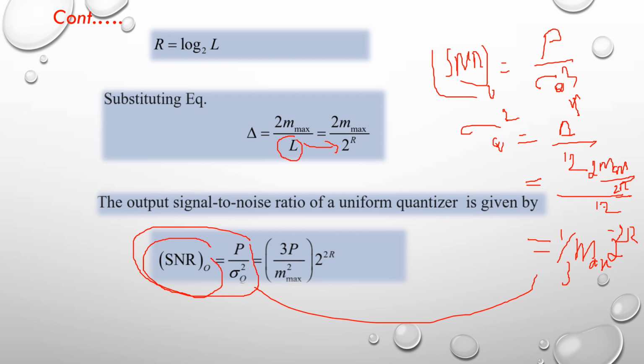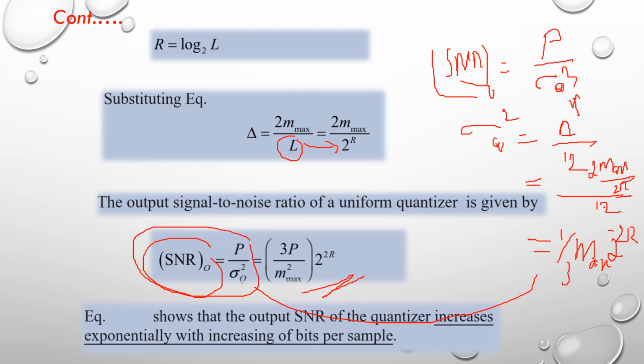After simplification, we get SNR output is equal to 3 into P divided by m maximum squared into 2 to the power 2R. This equation shows that the output SNR of the quantizer increases exponentially with increasing bits per sample. So the number of bits is R.